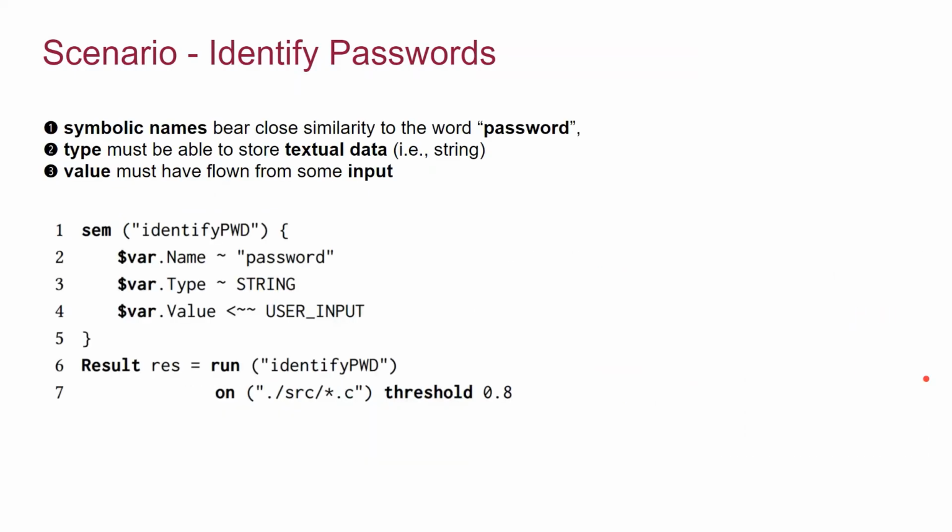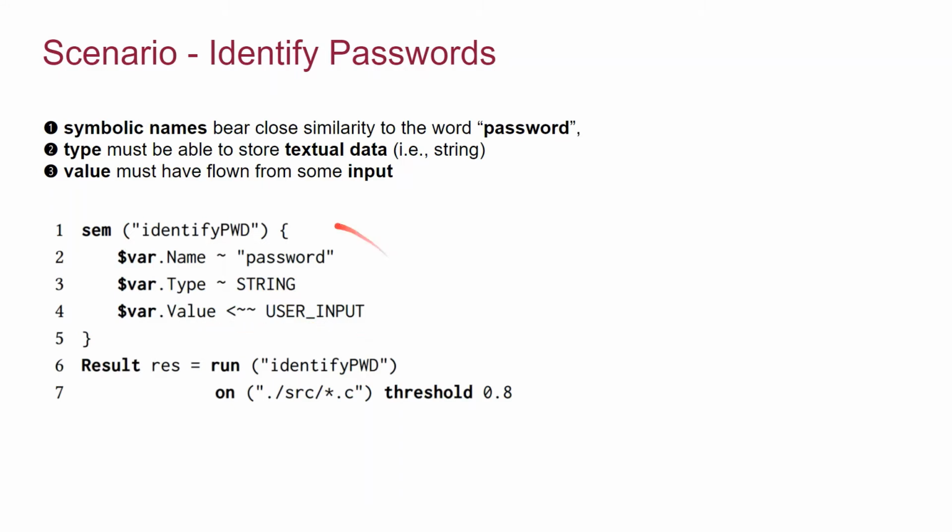Let's look at an example of VarSem syntax. We have a semantic category, and inside this category, we have several rules. First rule means we want to figure out some variables whose name is close to password, and its type must be able to store textual information, such as string, and its value must have flown from some user input.